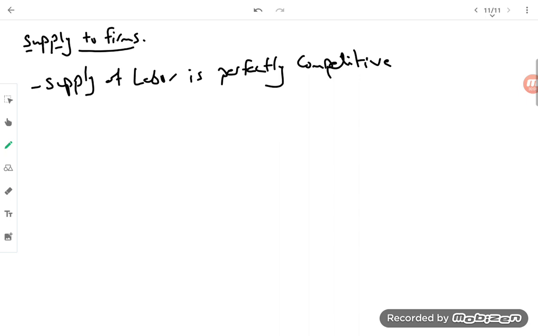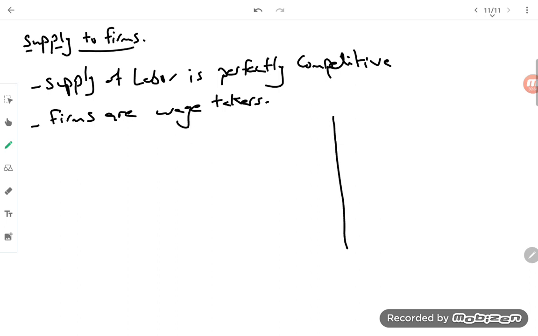Firms are, in this case, wage takers. So this means that wage rate is going to be given to the firm, as each firm alone cannot affect wage rate in the market. So in this case, the supply curve will be horizontal.